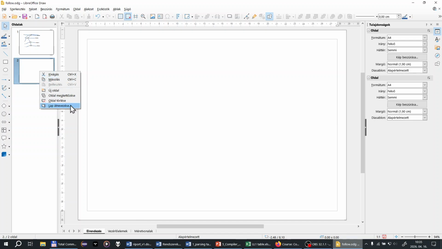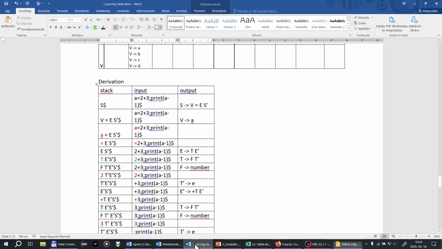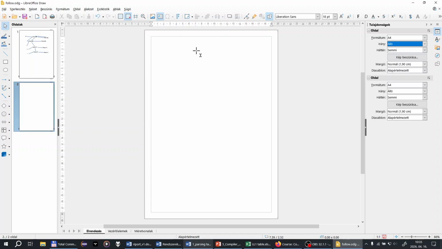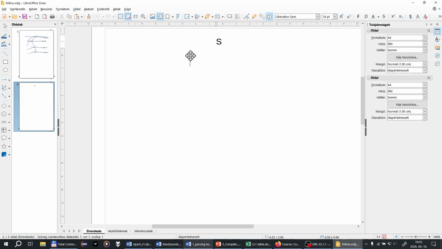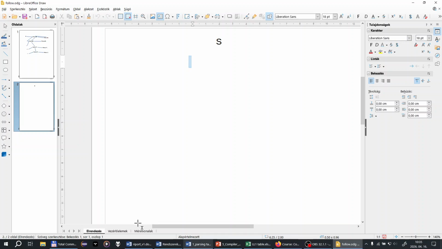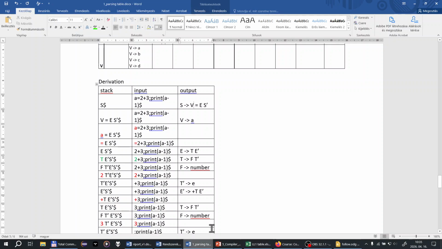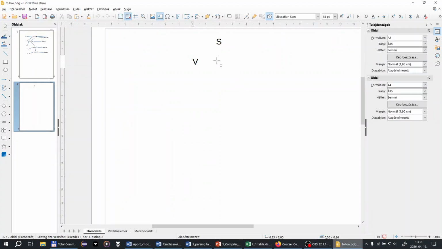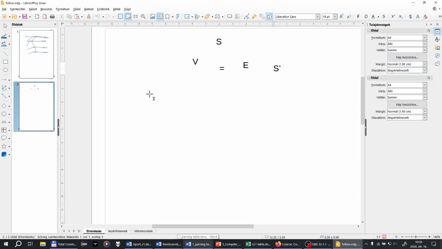So we have S as an initial symbol, and then what we have on the right hand side is S equals to ES prime.